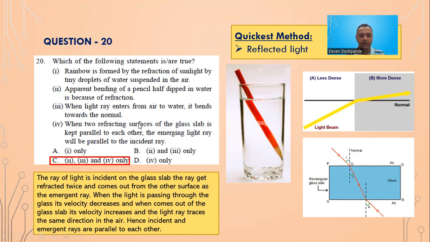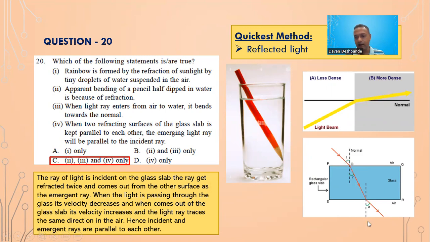When two refracting surfaces of the glass slab are kept parallel to each other, the emerging light ray will be parallel to the incident ray, which is true. So if this is the incident ray, then the light is getting refracted. Again, when the light comes out, it is going to get refracted again, isn't it?